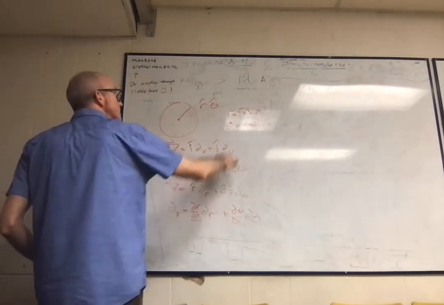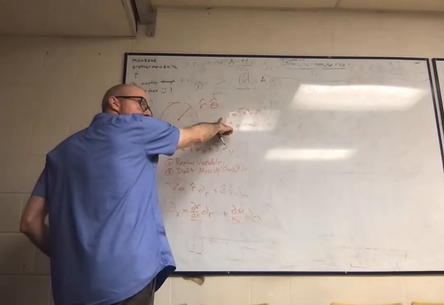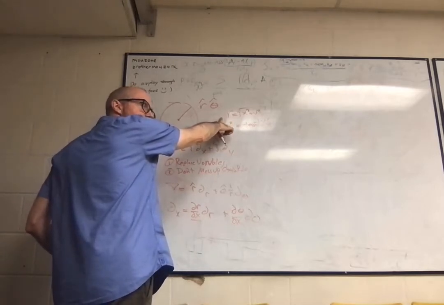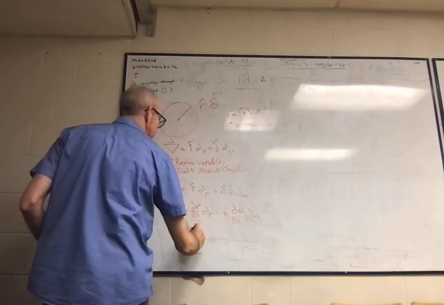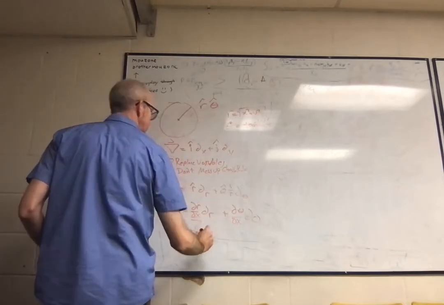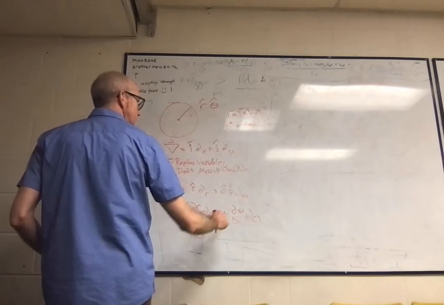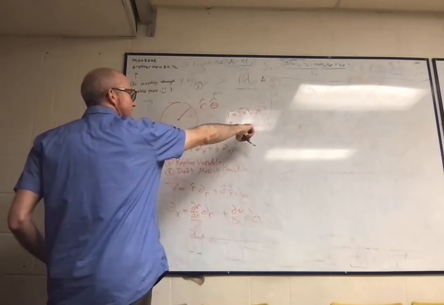So dr/dx is what? Well, I've got to do this derivative, so I'll just tell you what it is. It's x over the square root of x squared plus y squared. And then d theta/dx, well, I've got to do some calculus there.